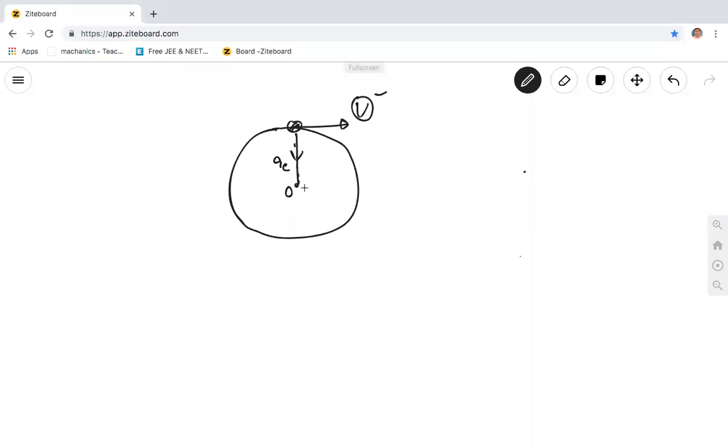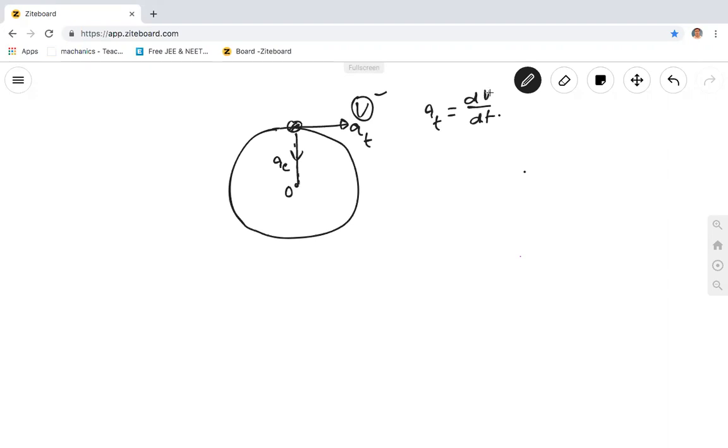But in non-uniform circular motion, there is tangential acceleration also: acceleration in this direction and acceleration in this direction. This acceleration makes the particle move in a circle, and this tangential acceleration increases the speed. You already know that tangential acceleration is equal to dv by dt, the rate of change of speed.